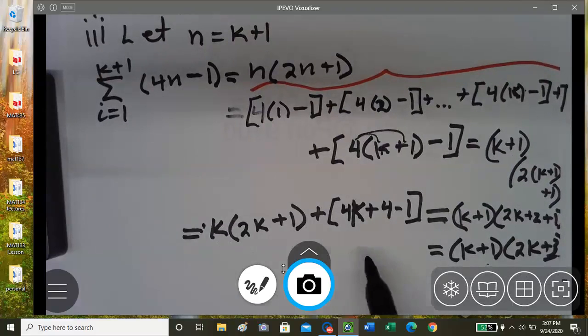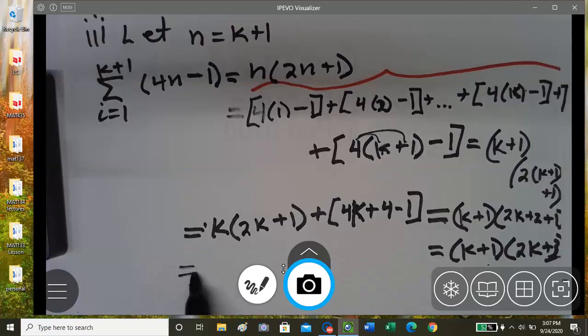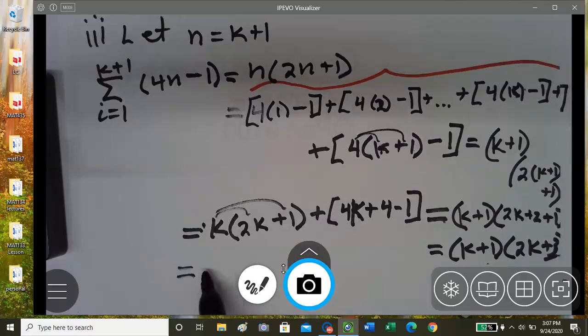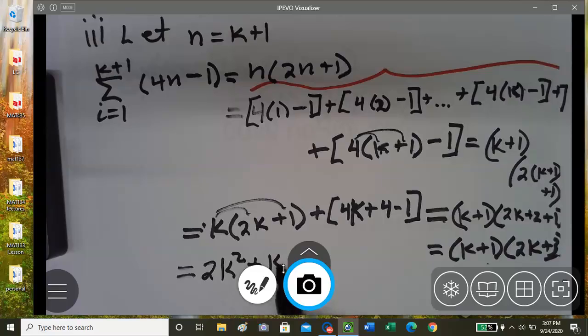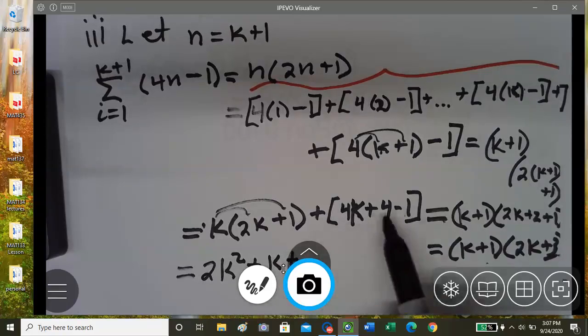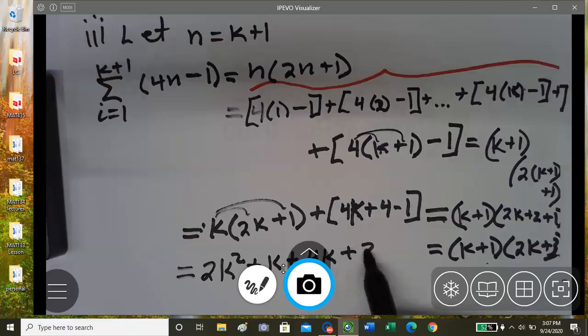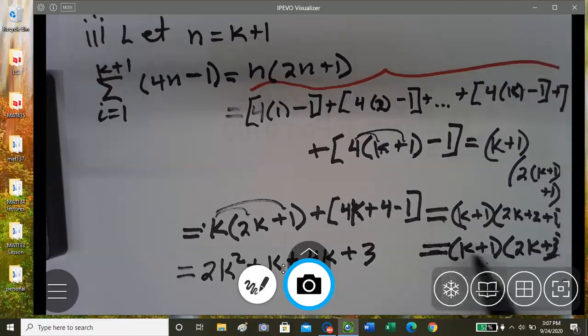All right, so this will equal, we can go ahead and distribute this k. So this will be 2k squared plus k plus, and then this will be 4k plus 3, and that equals the right side.